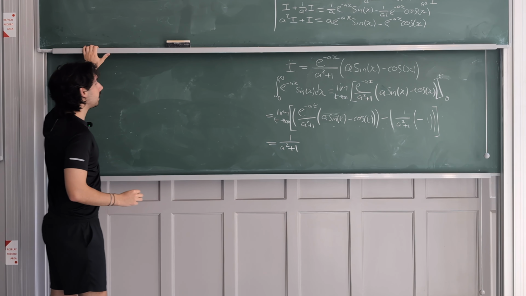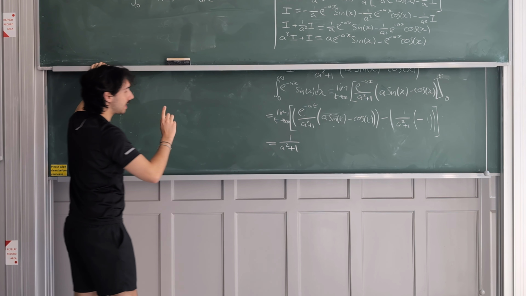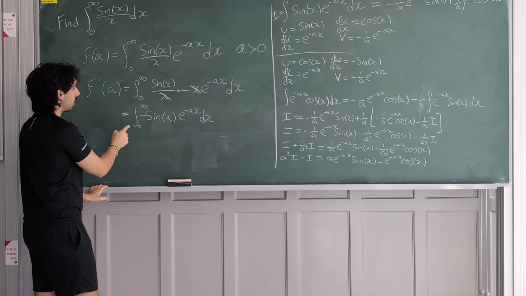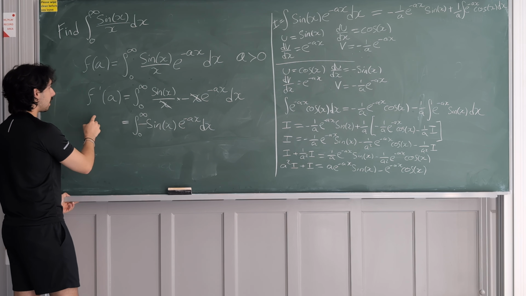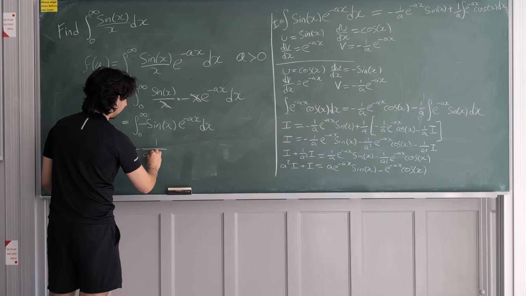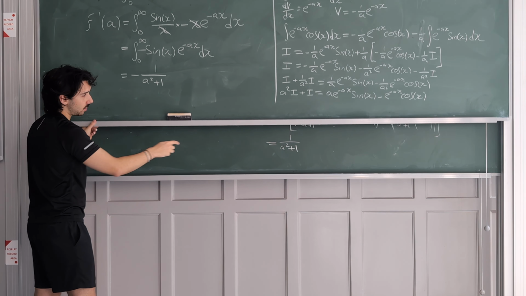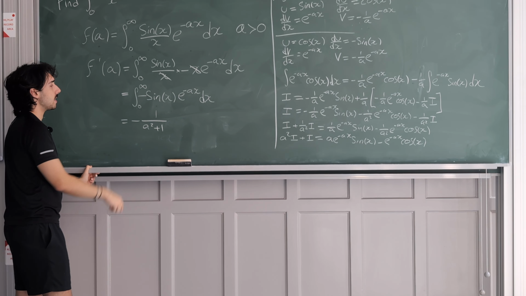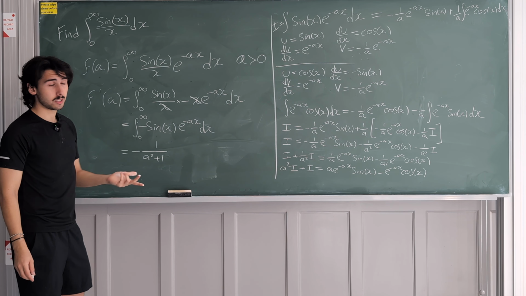That is the integral from 0 to infinity of positive e to the minus ax sine x. What we have is minus this. So we now know that the derivative of f of a is minus 1 over a squared plus 1, because this integral without the minus sign is positive 1 over a squared plus 1. That is the tricky bit done.